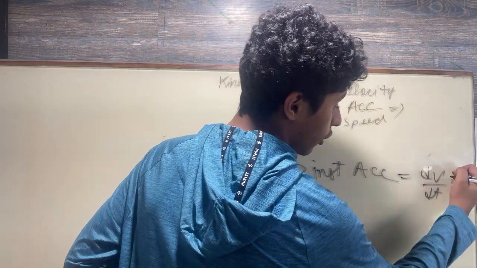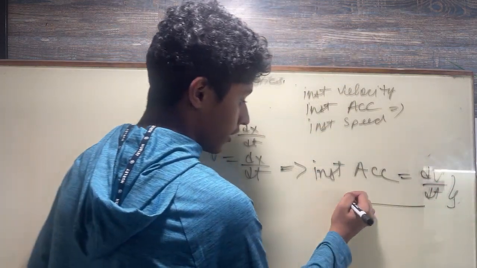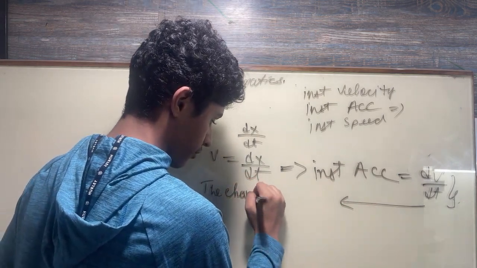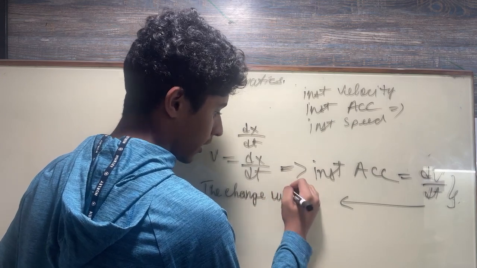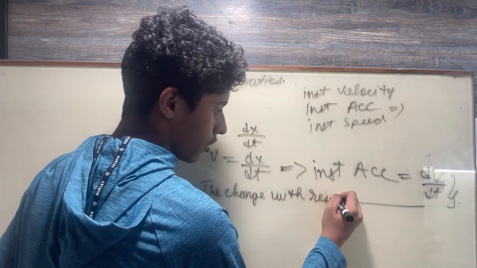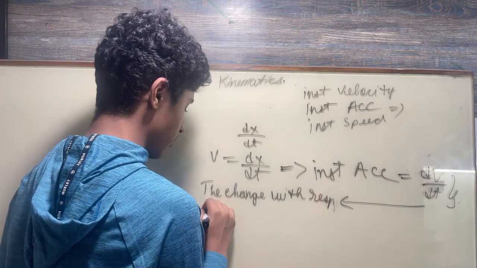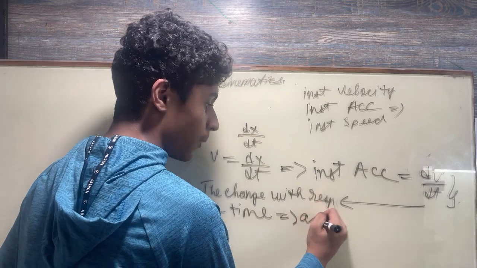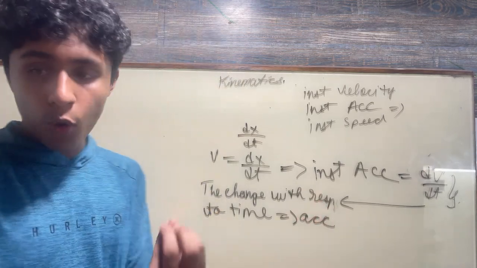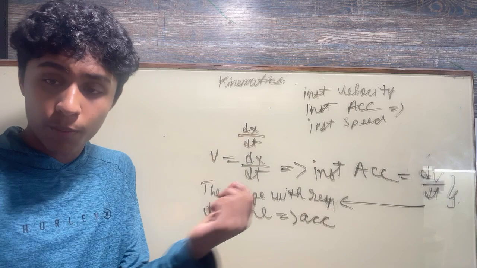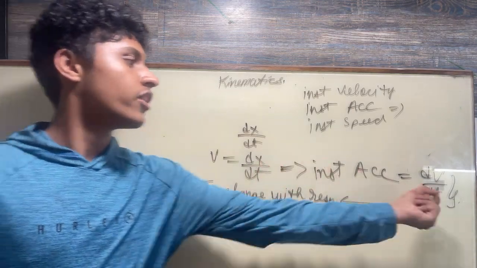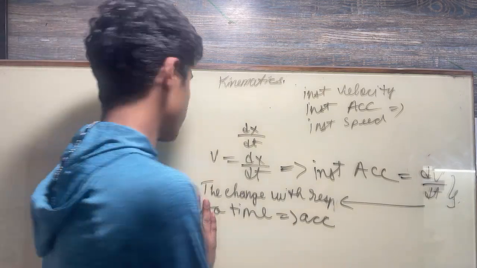That means the change in velocity with respect to time is general acceleration. But instantaneous means that exact moment, that small change, because there's a very small change. That is where we have dv by dt. So yeah, this is what instantaneous acceleration means.